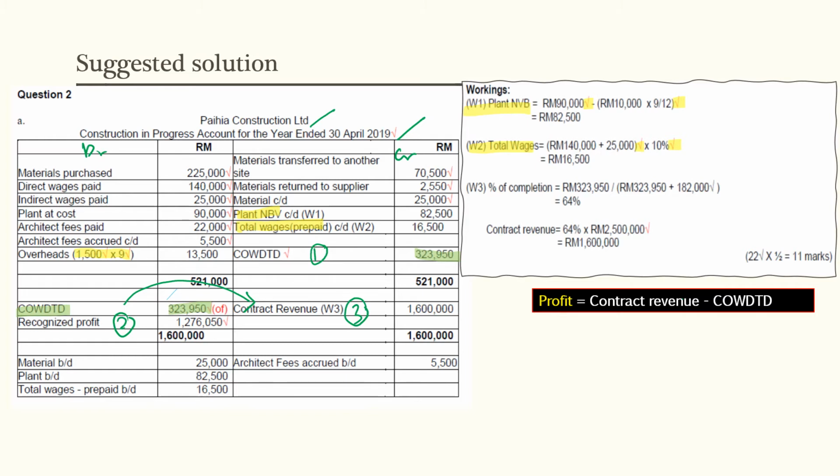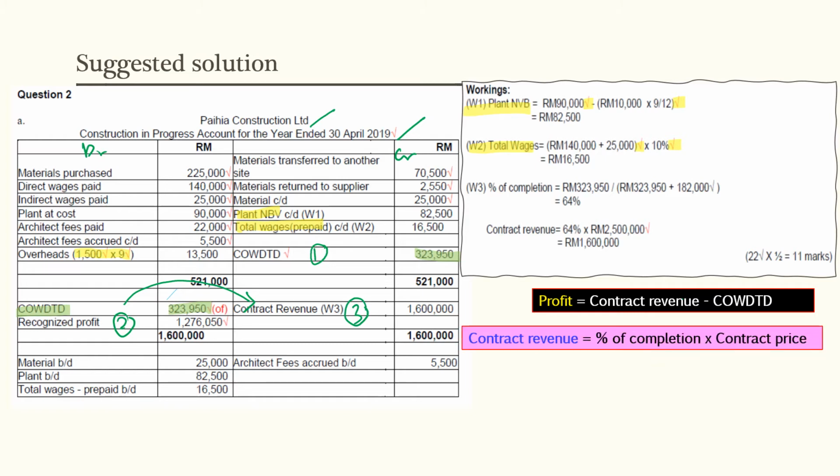How do we find the contract revenue? Again, recall the formula that we have learned before. Contract revenue is derived from the percentage of completion times the contract price. This is what is stated in MFRS 15, where the contract revenue shall be recognized based on the progress of completion of the contract. Therefore, the business must measure the stage of completion.